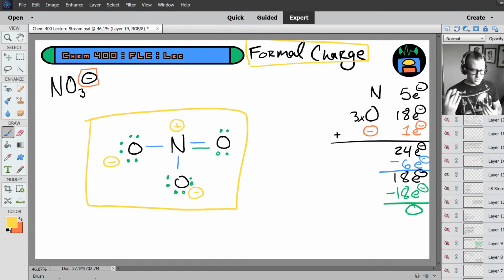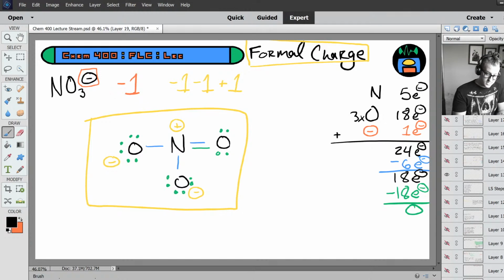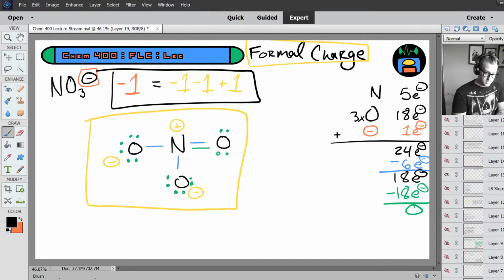Ammonium only had a +1. Hydroxide only had a -1. Here, nitrate has an overall charge of -1, but the formal charges are 2 -1s and a +1. So you actually have more formal charges than you do total charge, but when you add all your formal charges together, they equal your total charge, and that will always be true.